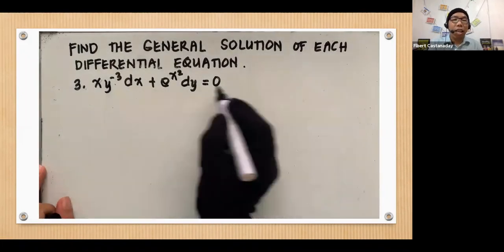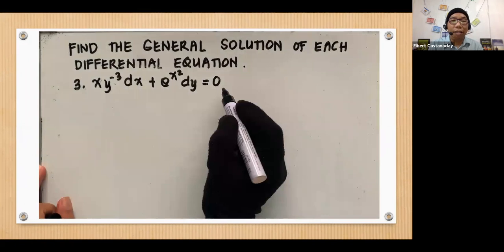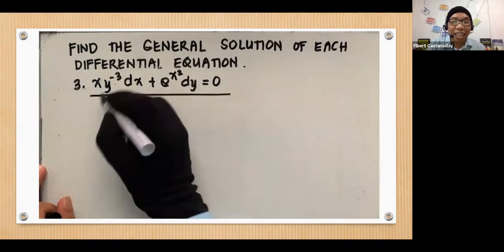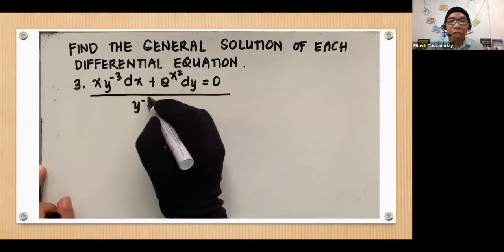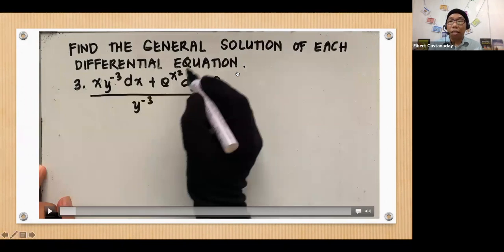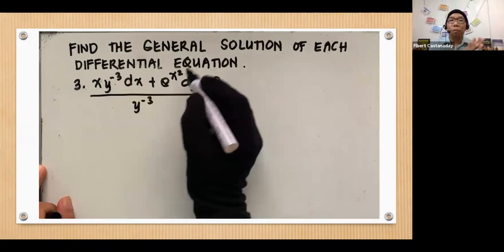So, tingnan. x times y raised to negative 3 times dx. Actually, may binago ako dyan, kaya na-stuck din ako dito. Pero hindi naman siya ganun kahirap. Anyway. So, yung pinaka-objective natin is if we can be able to separate the variables. Then, good. Kasi, after that, we can integrate na. Right? Pag hindi mo kayang i-separate yung variables, then there are other ways or methods that we can use.